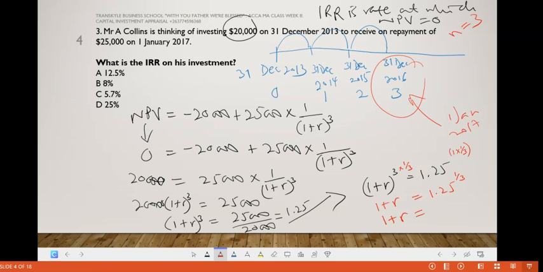My calculator seems to be problematic. 1.25 to the power in brackets 1 over 3. That's 1.0772.